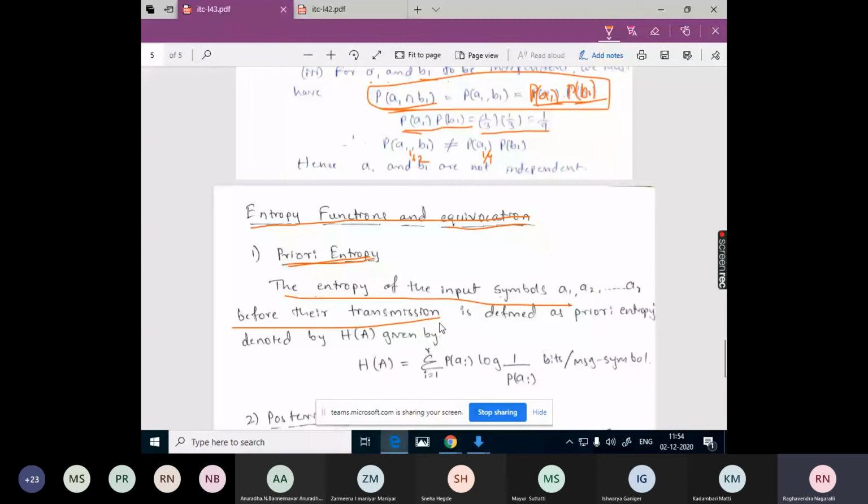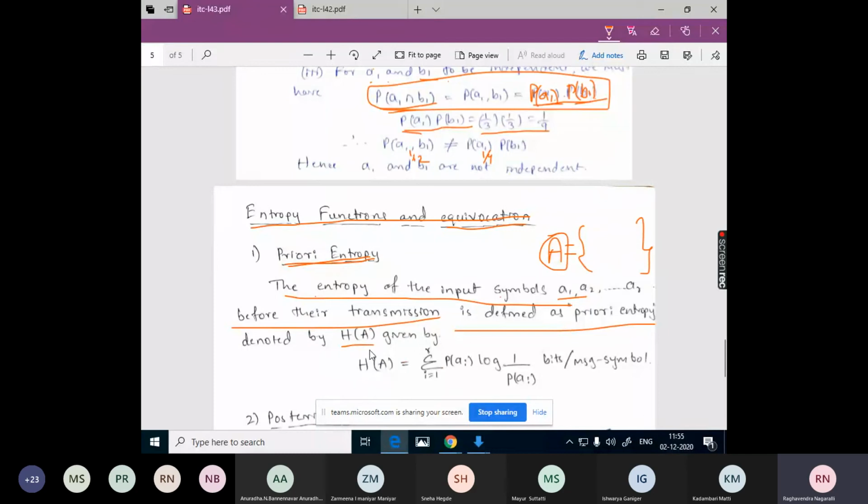It is denoted by H of A. Why A? A is the set which has all the possible input symbols, A1 to AR. So we are finding the entropy for this whole set.